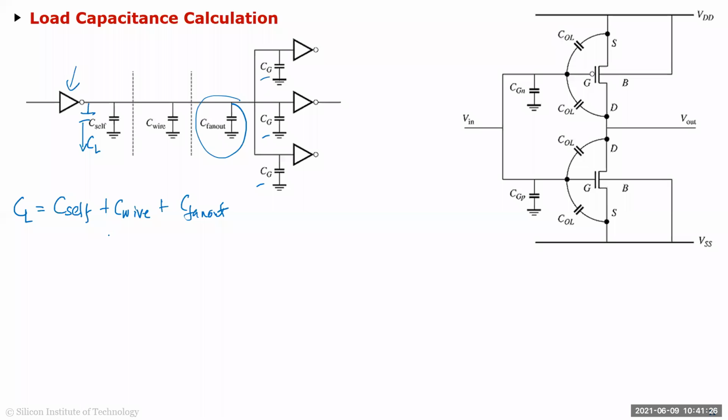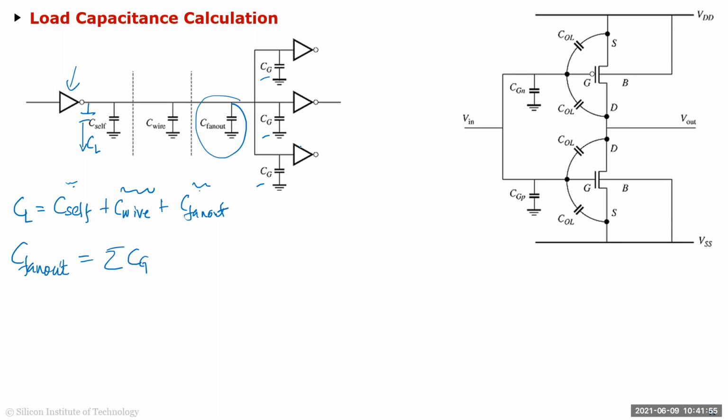And if I calculate the C fan out, we are not going to take this C wire. We're going to look at the C fan out and C self now, because C wire, like I said, is actually layout dependent. So I cannot predict it before the layout, but these two we can predict before the layout. So C fan out is basically the summation of all the gate capacitances, right?